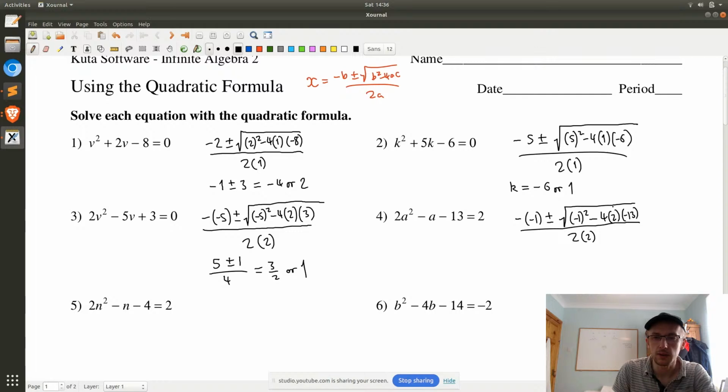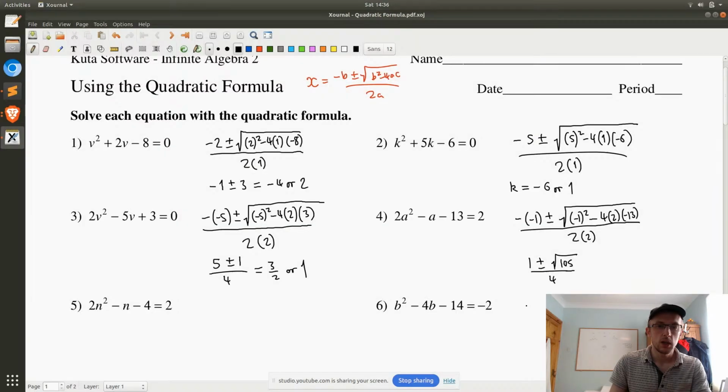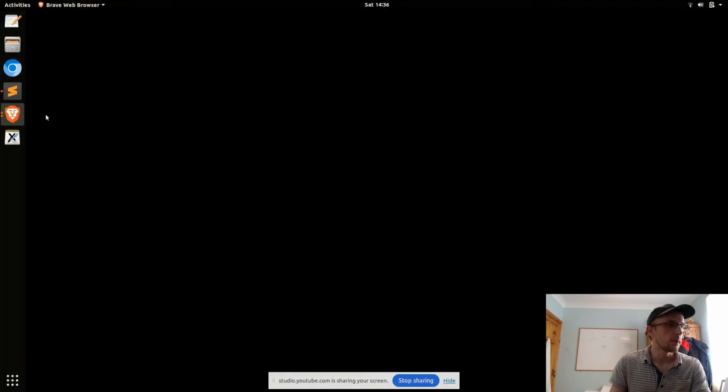So 105. So 1 plus or minus the square root of 105 all over 4. And what is that? Yeah, as far as I'm concerned, that's finished.